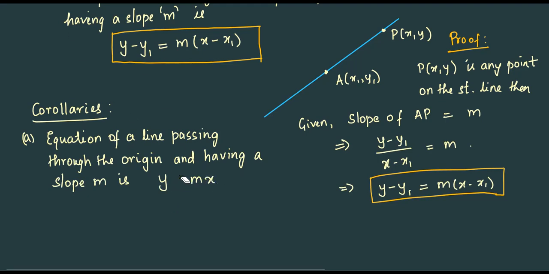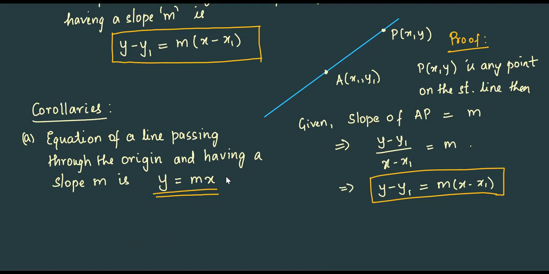So y equal to mx is a straight line which passes through origin. You substitute 0, 0, that means x equal to 0 and y equal to 0. The equation is satisfied. If you substitute a point, it satisfies the equation.